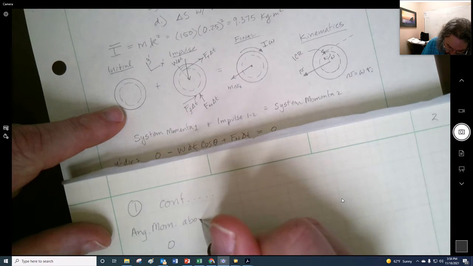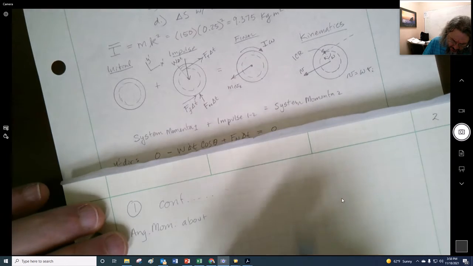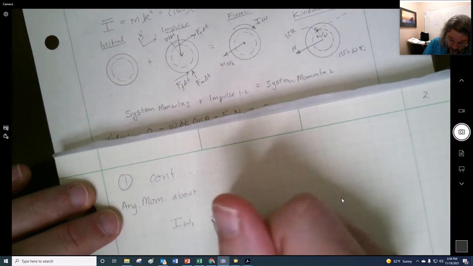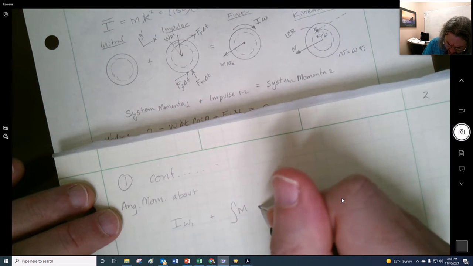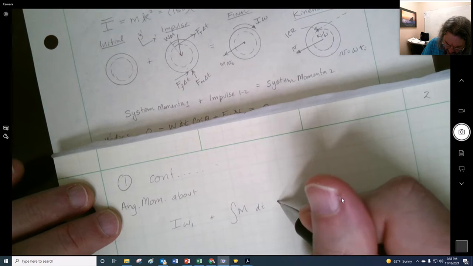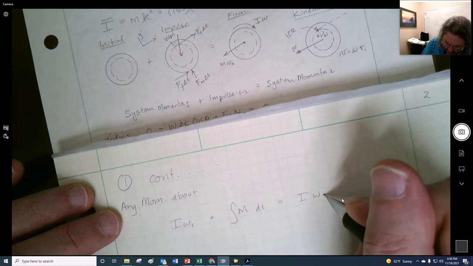I should say about, and actually maybe I should write out the equation for this. So we go I omega 1 plus, I think it should be the integral of the moments dt, and I haven't said what it's about yet. It's going to be equal to I omega 2.